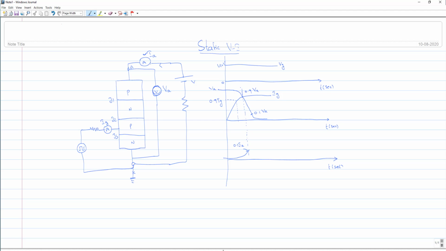After a certain instant, whenever this is reaching 0.1 volts, the anode current is reaching say 0.9 amps. So there is a clear-cut relation, and whenever the voltage is almost zero, the anode current reaches its full-fledged value. This is the basic switching or turn-on characteristics of a thyristor.